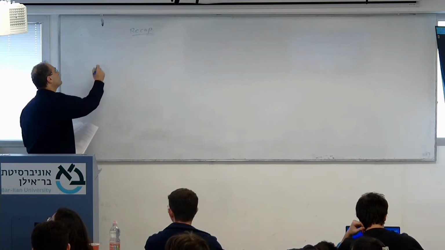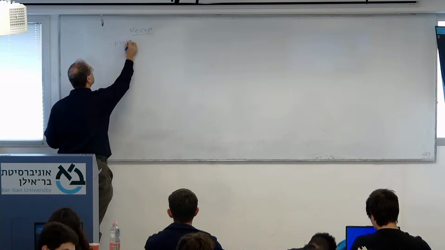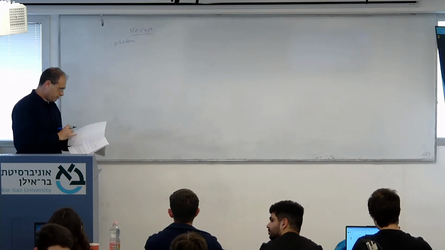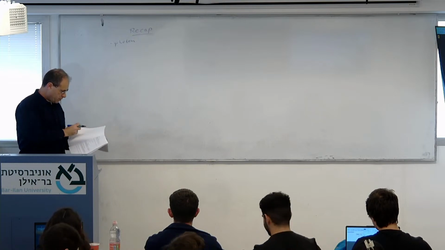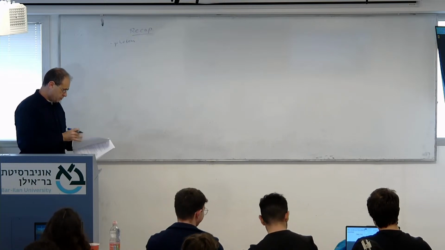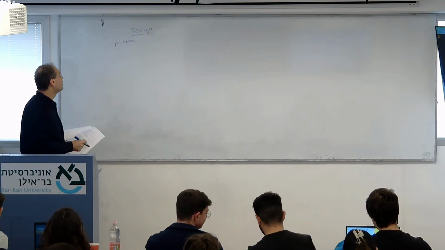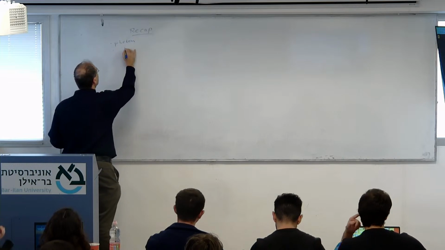So we spoke about the photon. We showed that it had spin. We defined the concept of helicity and looked at the parity and charge configuration. And the main thing we spoke about was the Klein-Gordon equation.